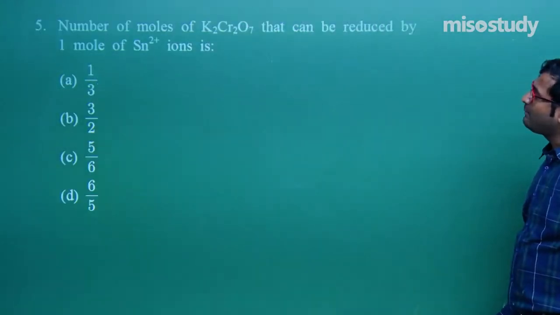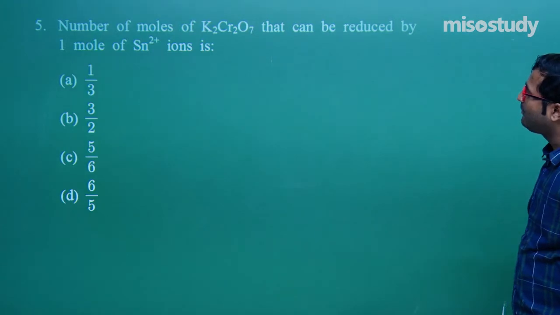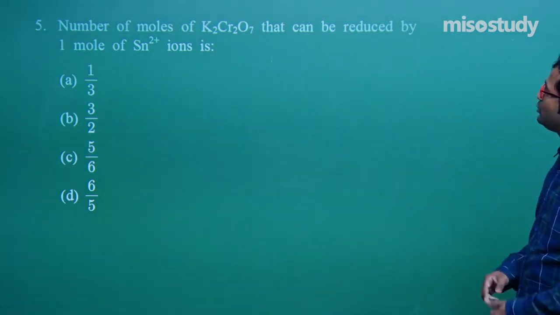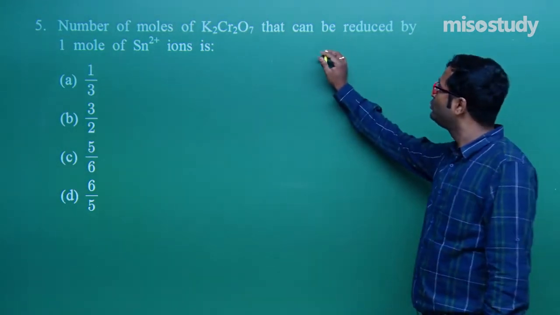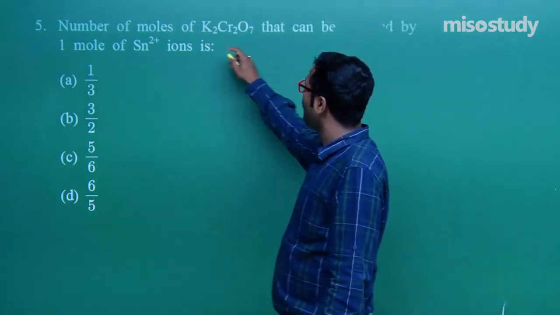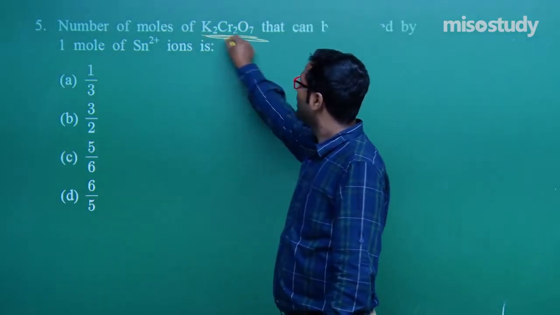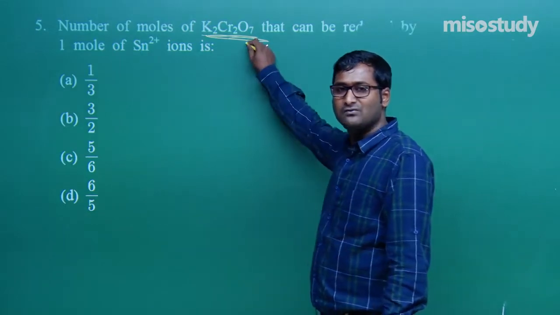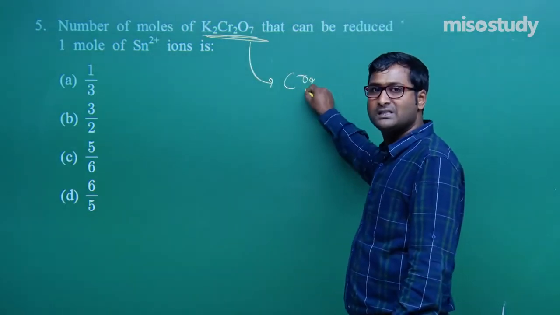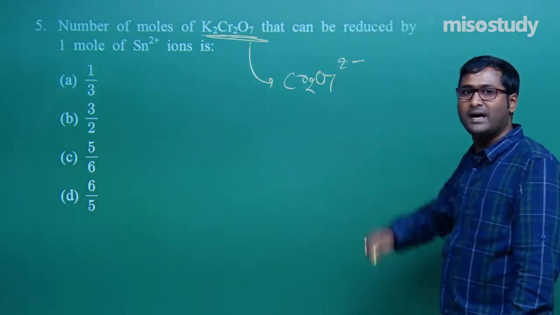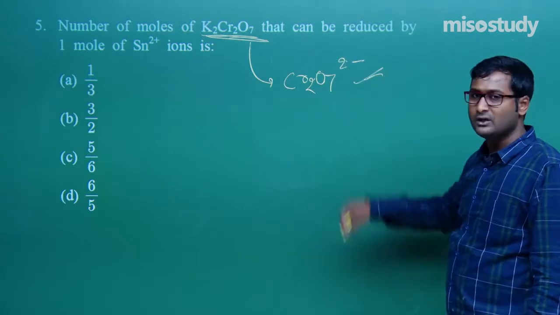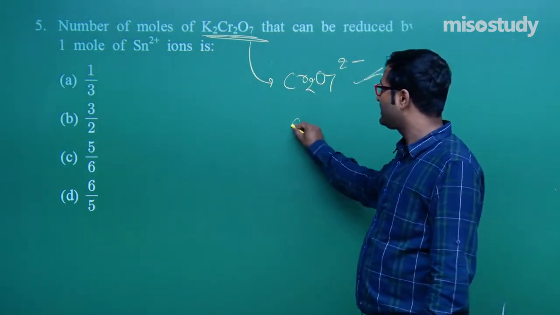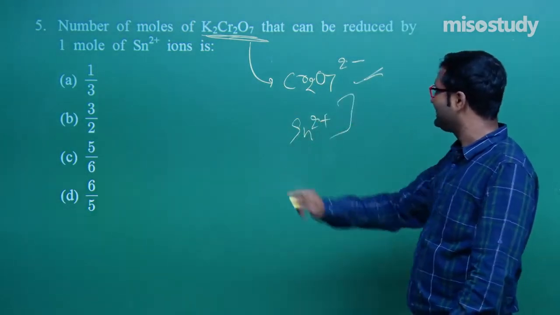This is one of the best questions: the number of moles of K2Cr2O7 that can be reduced by 1 mole of Sn, that we need. As we know, this one comes from Cr2O7 2 minus. This is the equation. And what will happen? Treatment with Sn2 plus. Clear to you?